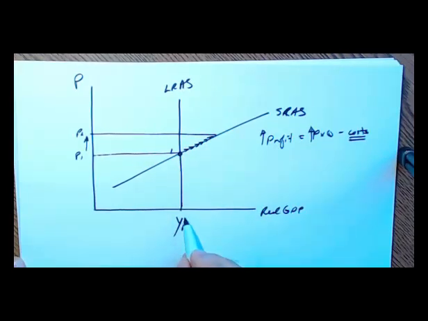But notice what happens. We're beyond our potential. We're up here, beyond our long-run potential, YP. Here's time, here's real GDP.